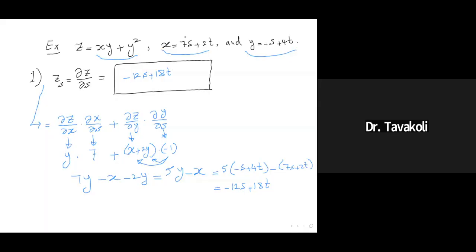Okay, now we do the second part of this example. The second part is to find z_t, or partial derivative of z with respect to t. Again, you can pause and try this on your own and then look at the solution.